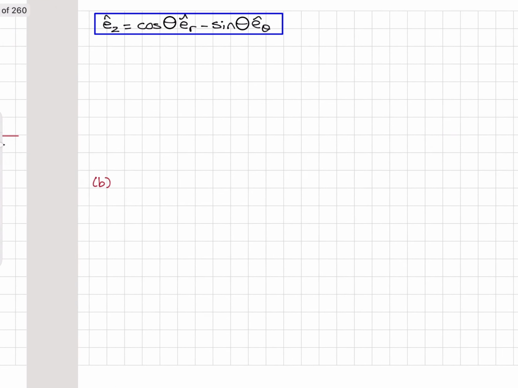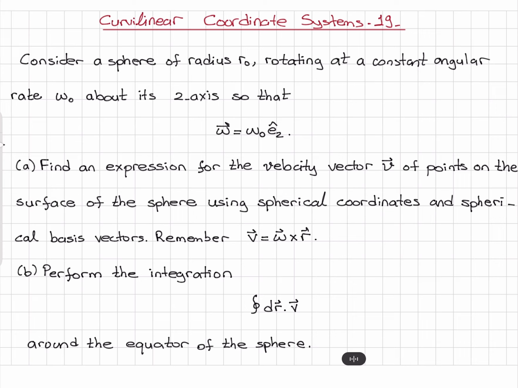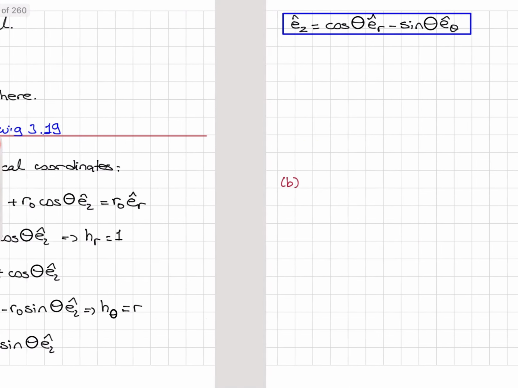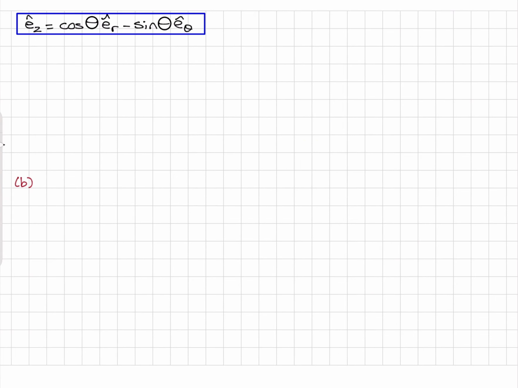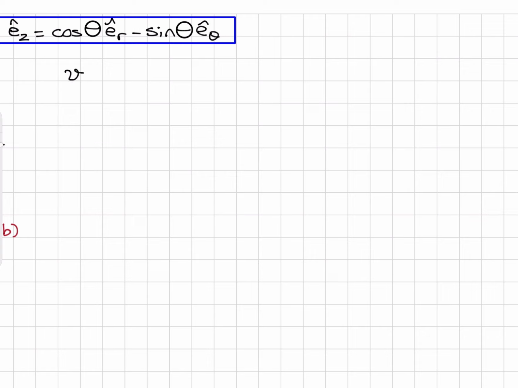Now, we were asked to calculate the velocity vector v, which is equal to omega cross r, and omega is given here as omega 0 ez hat. But ez hat, as I just noted, is equal to cosine theta er hat minus sine theta e theta hat.